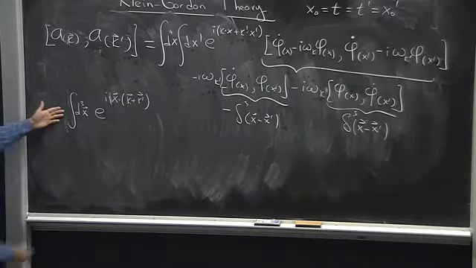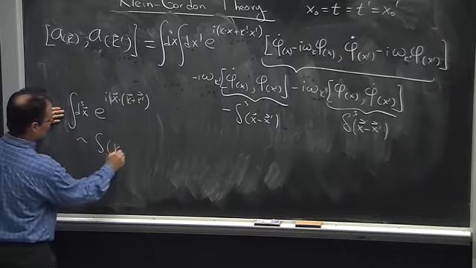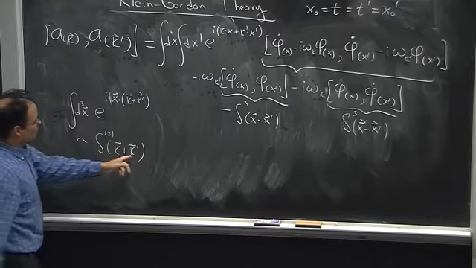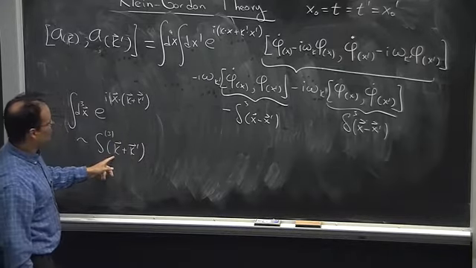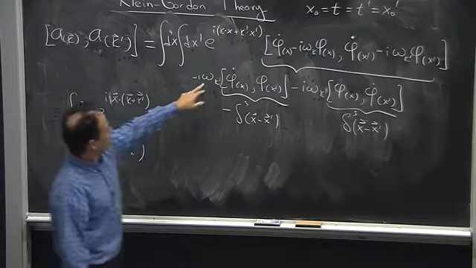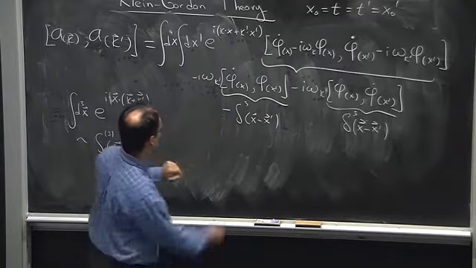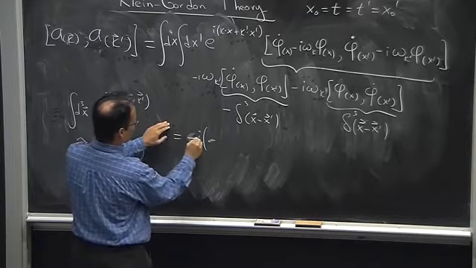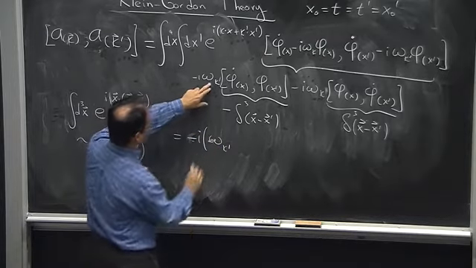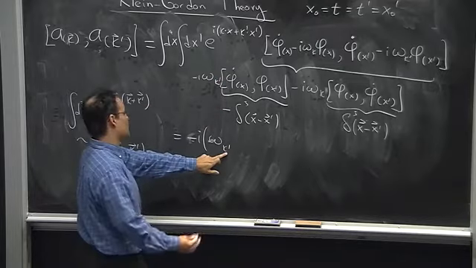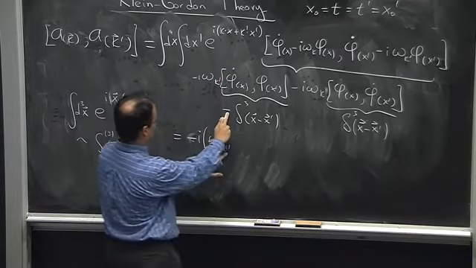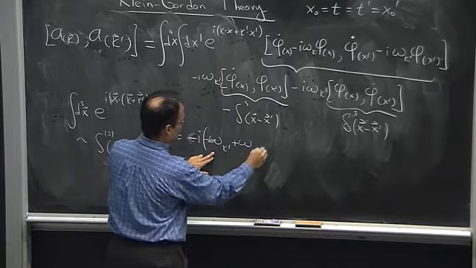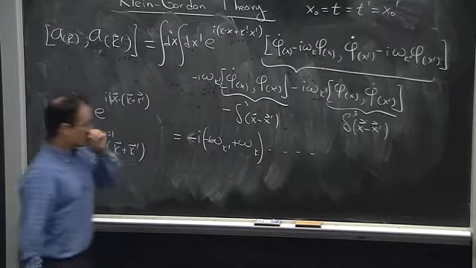However, this delta function is going to set the k's to be the negative of the other one, and therefore the omega k's will be the same. So we have a factor of i. From here we get omega k prime with a minus sign, plus omega k, times the rest of the factors.